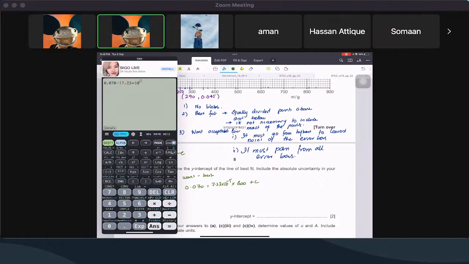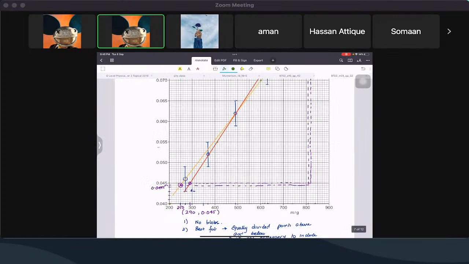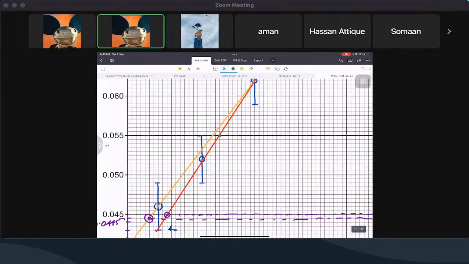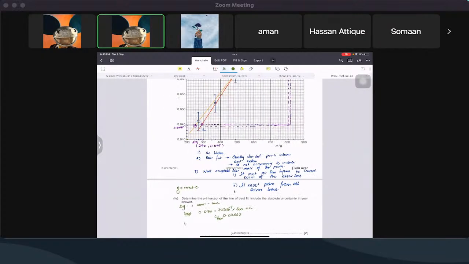Oh my god, this is like a rat race. So okay, I got the y-intercept as 0.02662 for the best one, and now I'm going to do the same for the worst one. So for the worst one, this was the ideal point I already looked at. 0.055 equals the gradient of the worst.